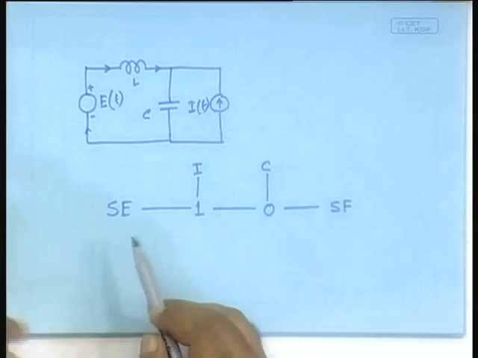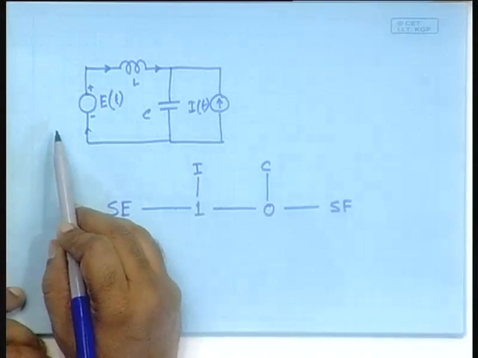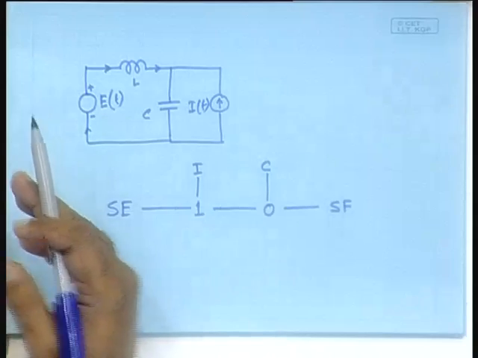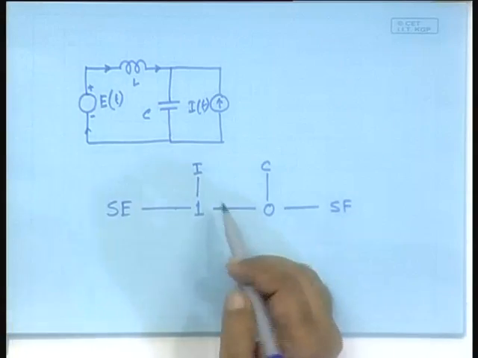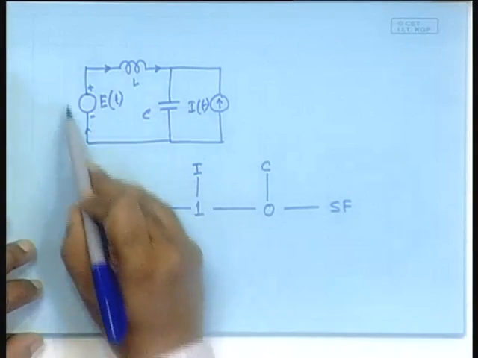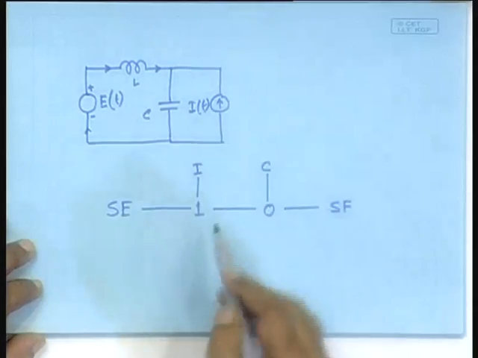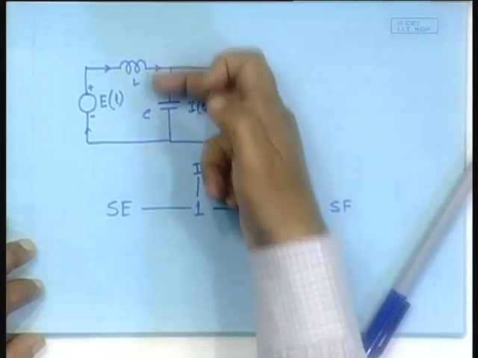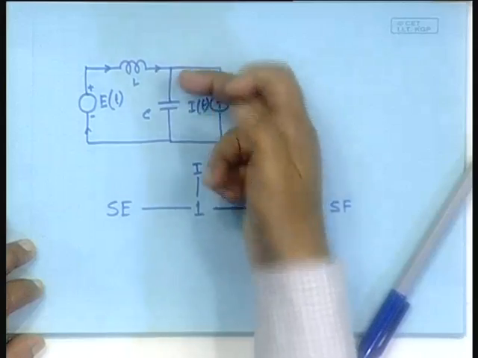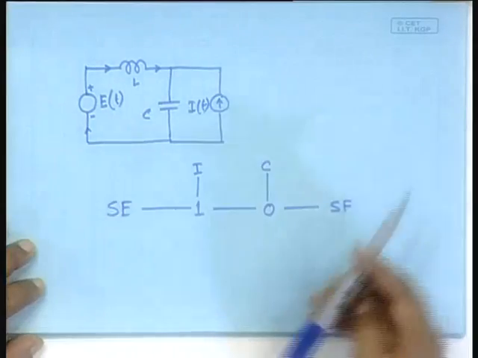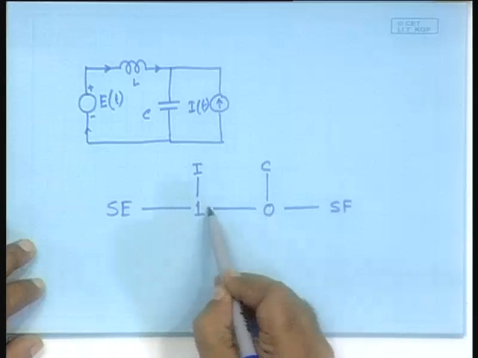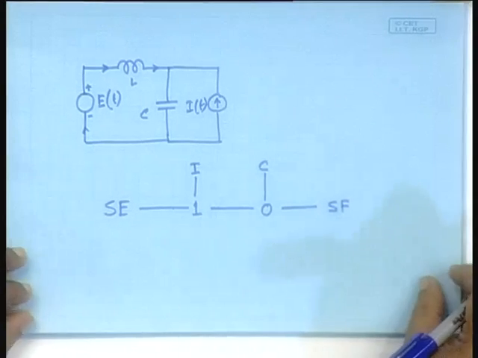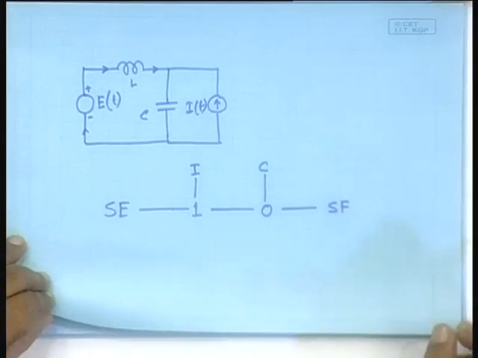Here the argument is that we start from one end and go by observing what remains equal between specific parts of the circuit. Here these two share the same flow with the rest of the system. So, this is the structure. These two have the same effort, and that is shared with the rest of the system. Fine. So, that is the bond structure of this.